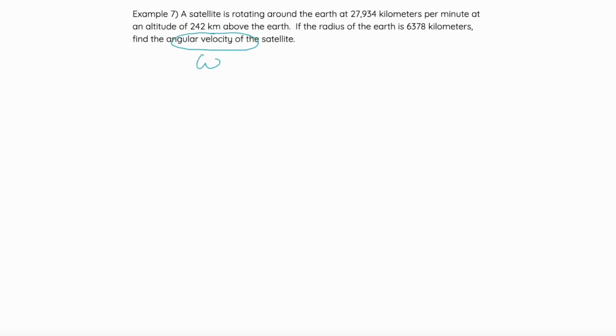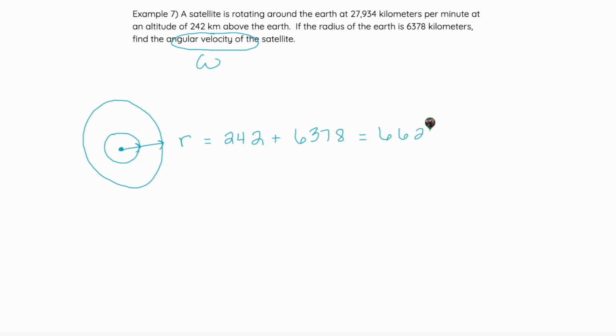I know a satellite is going around Earth, excuse me, that it's not perfect circles here. I apologize. We know the radius of the Earth, and we know the distance from the Earth to the satellite. So my radius can be found by taking the radius of the Earth plus the distance of the satellite, and that gives us 6,620. So we found the radius.